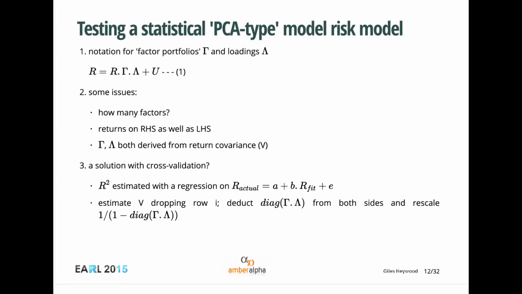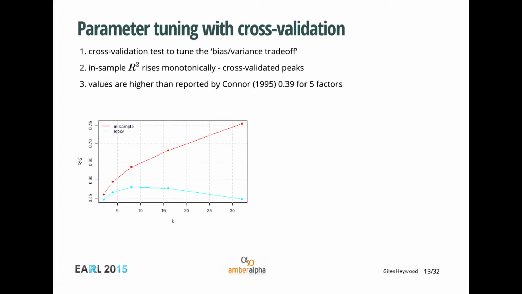Anyway, what's great about that is that you can then apply the concept of parameter tuning. So instead of the red line, which shows ever-increasing explanatory power as you increase the number of factors in a PCA model, going from 55% here up to 75%, you get the classic textbook type of curve, the blue line, which shows that around about 10 factors you get the best out-of-sample performance, and that's what you care about.